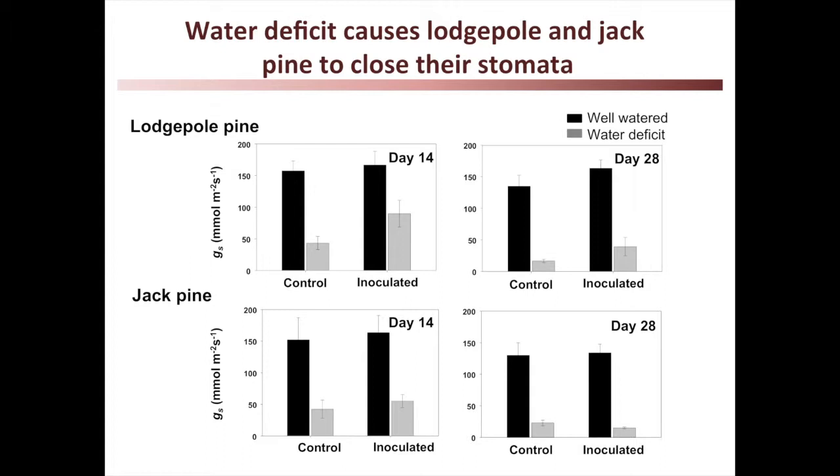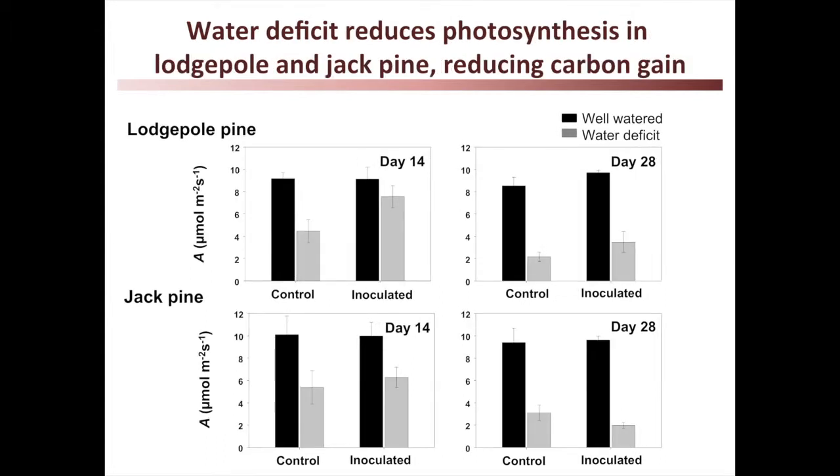But one would expect that to happen in the later stages of mortality. What we're really interested in is seeing how the tree is responding to that initial barrage from the mountain pine beetle and their fungi, rather than the consequences of colonization. So that's why we focused on these early time points.